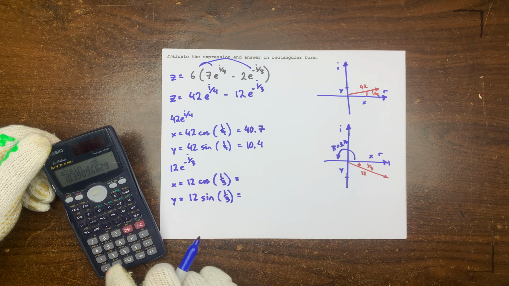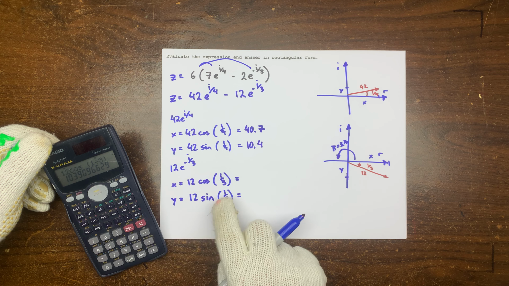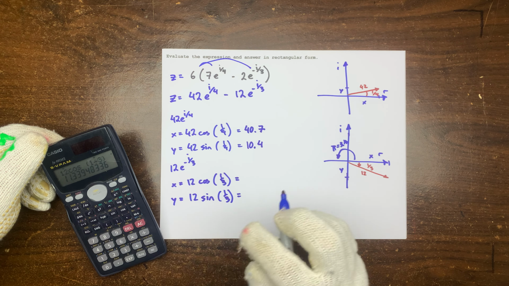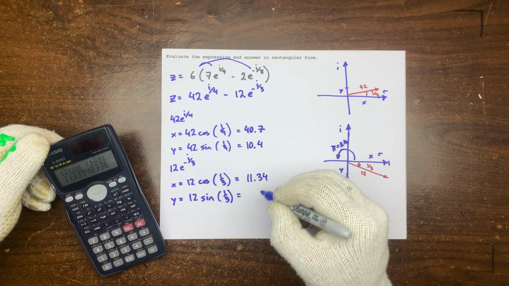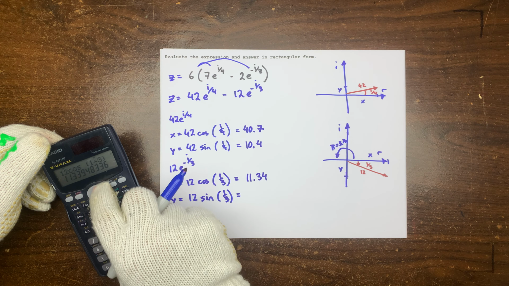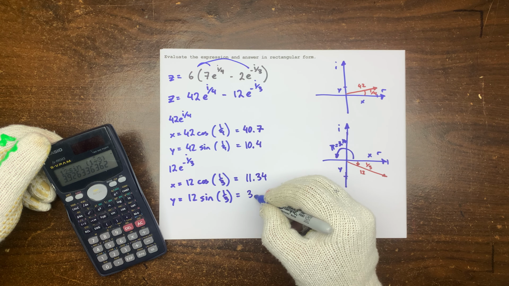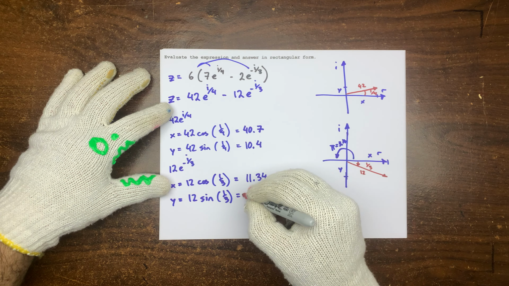Now we have 12 cosine of 1 divided by 3. I don't want to put 0.3 in there because it's not really right. It's 0.33333, so I'm going to put 1/3. That's 11.34. And 12 sine of 1/3 is 3.93. Make sure you remember that negative.